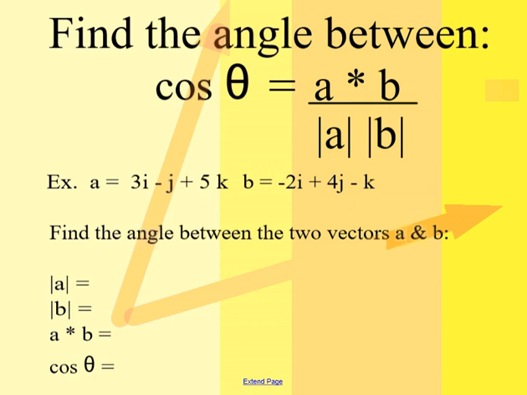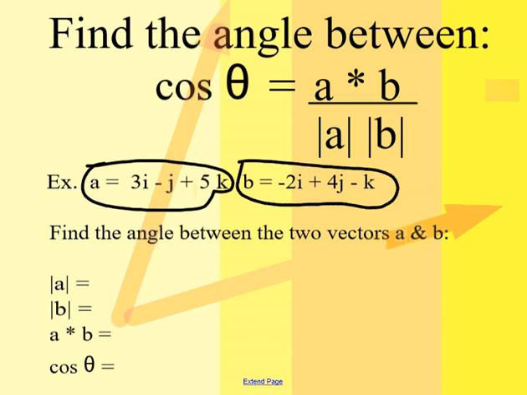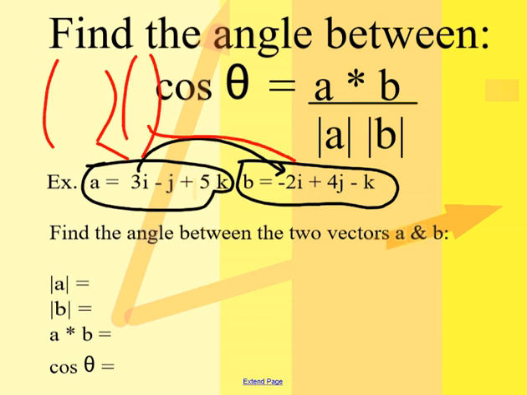Here's a specific one where we have vector A and vector B. I'd write them in column form and then find their dot product, which is the 3 times the -2 plus, anyway, I'm going to see if you remember from yesterday how to find the dot product of those two. Pausing for a second while you do that. If you are lost, at a minimum, write each as a column vector, put them right next to each other, and I'll show you how to get the dot product from there.